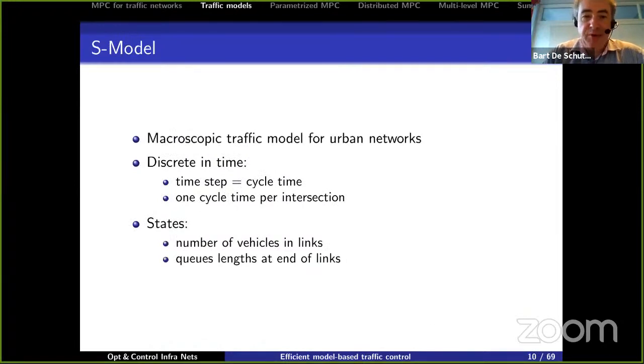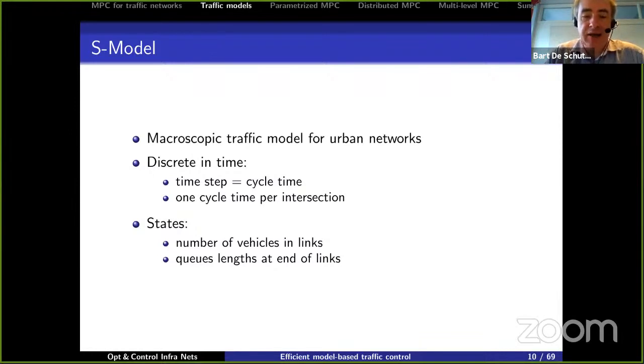So first, the S model. The S model is a model for urban networks, and it's discrete in time. In this particular model, we are going to update the variables every cycle. A cycle is a sequence of settings of red and green for your traffic signal, and it's typically cyclic, so it's periodic.